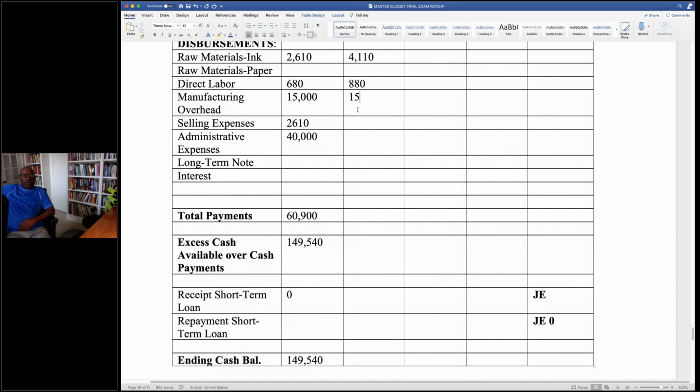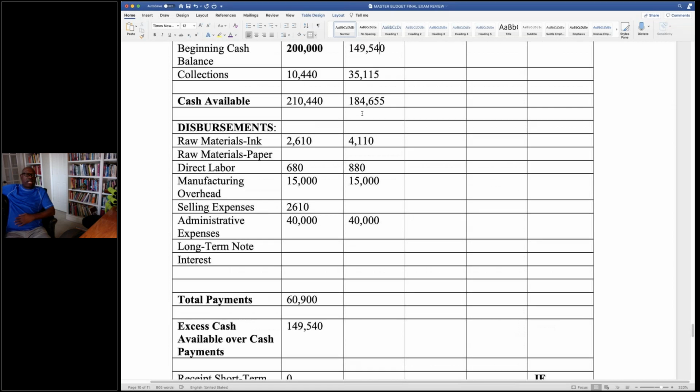Be the same. Administrative expense is gonna be the same also. All you gotta do is figure out selling expenses, then you're done. Selling expenses? Yeah, you gotta calculate that.